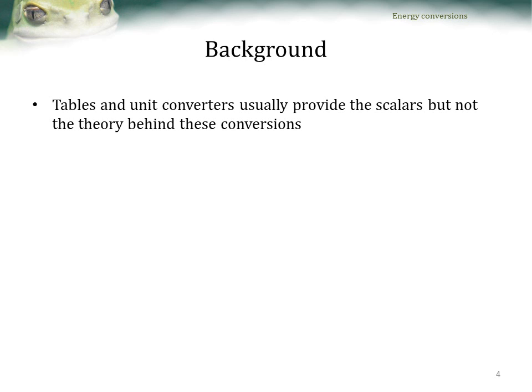Now, the tables and unit converters usually provide the scalars or conversion factors relevant to such conversions, but they don't give the theory behind these conversions. The theory actually uses some of the very familiar equations: E equals mc squared, where c is the speed of light, and E is equal to h times frequency, where h is Planck's constant.